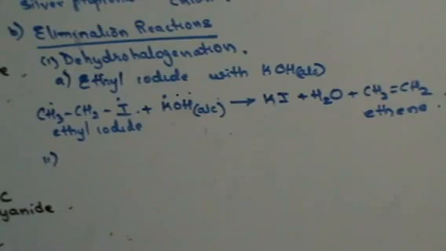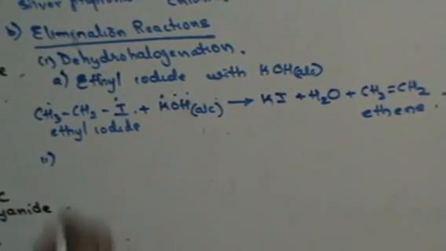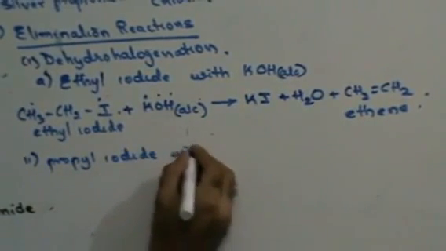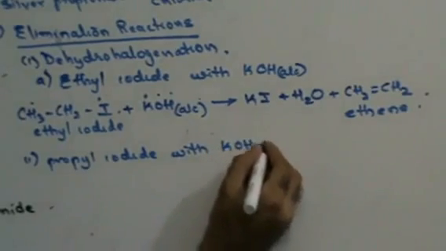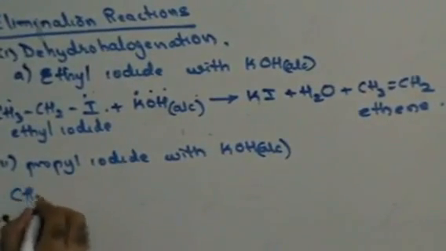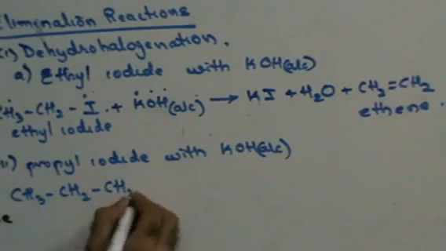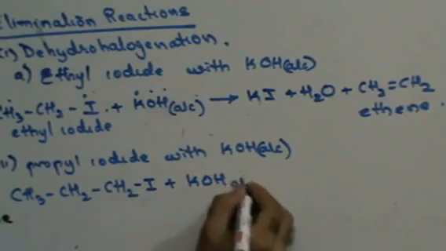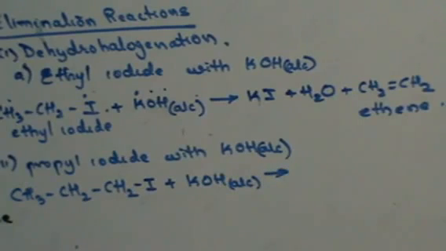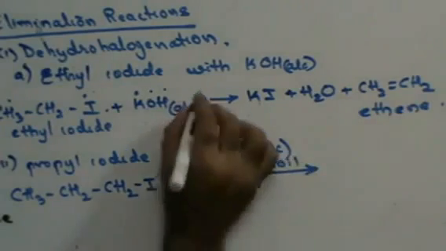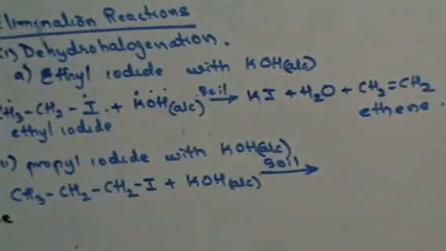Next, let's see another reaction of this kind. Propyl iodide with alcoholic potassium hydroxide. Propyl has 3 carbon atoms, that is CH3, CH2, CH2. That's my propyl iodide reacting with alcoholic KOH. Boil the solution. Dehydrohalogenation: remove the halogen.